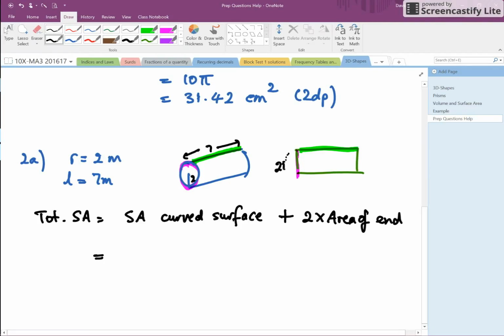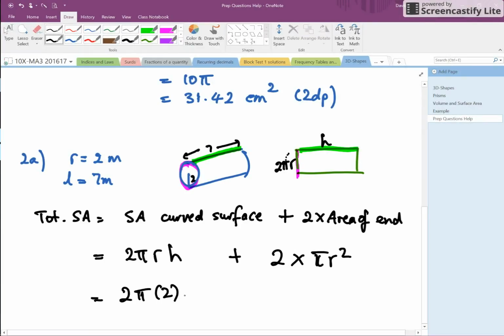This is our 2 pi r, and this is our h. So we've got 2 pi r h plus 2 times pi r squared, because pi r squared is the area of an end.